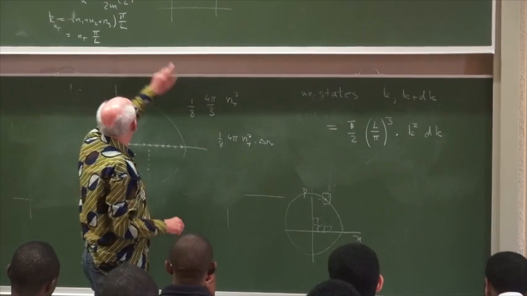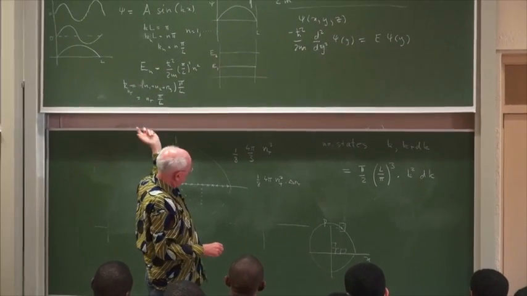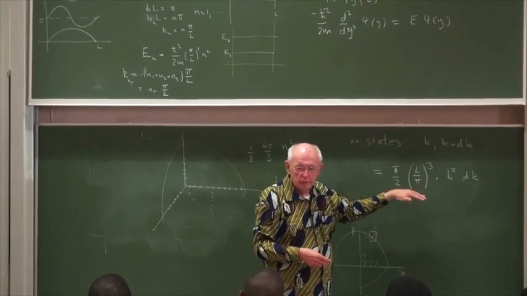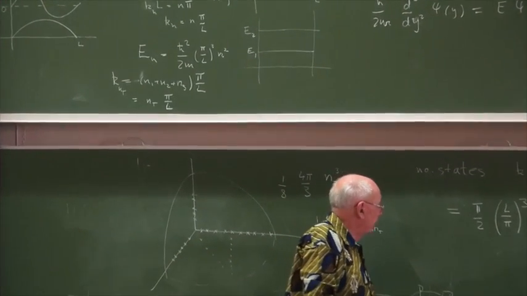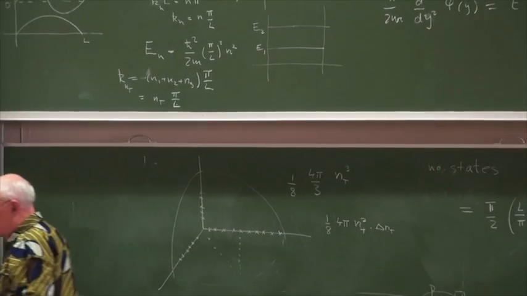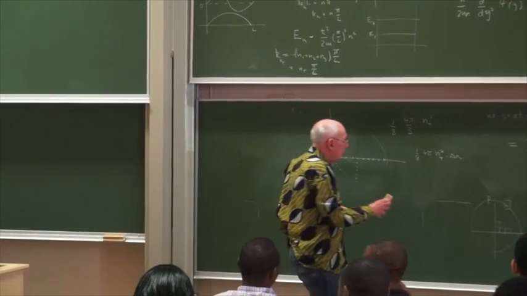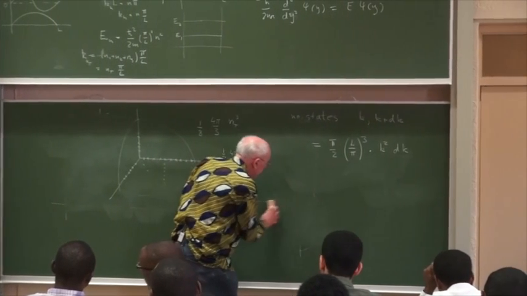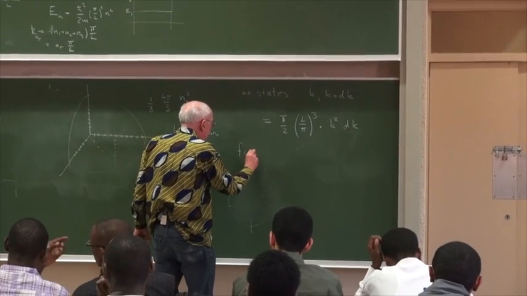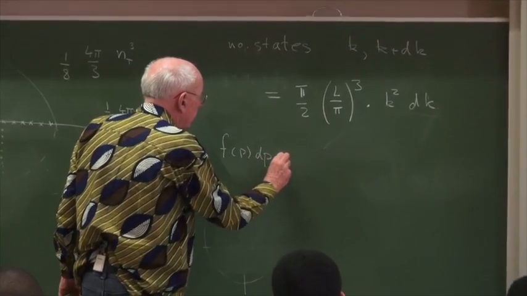So what I've just done is I've replaced the n backwards with the k, and so this is the number of states I have. And so if I write down the number of states in the momentum interval, we write this like this: the number of states of momentum p and dp.